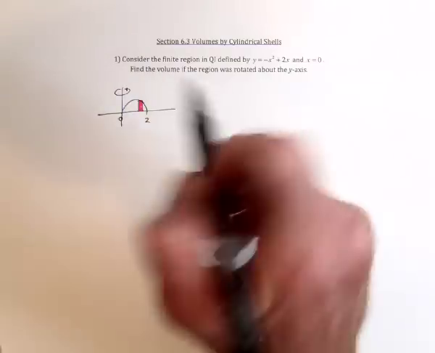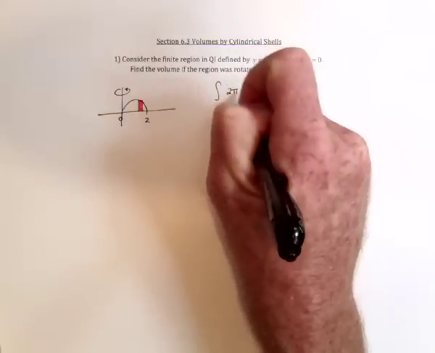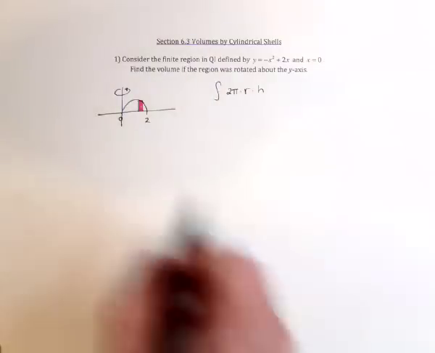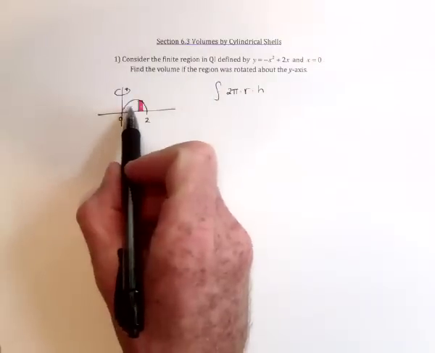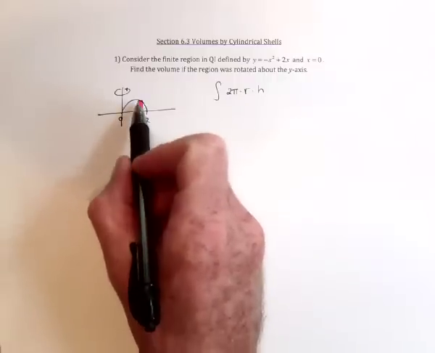So the general formula is integrate 2 pi times the radius times the height. So you need to know, well, what's the radius as you hold this shell out this length, and how tall is it?